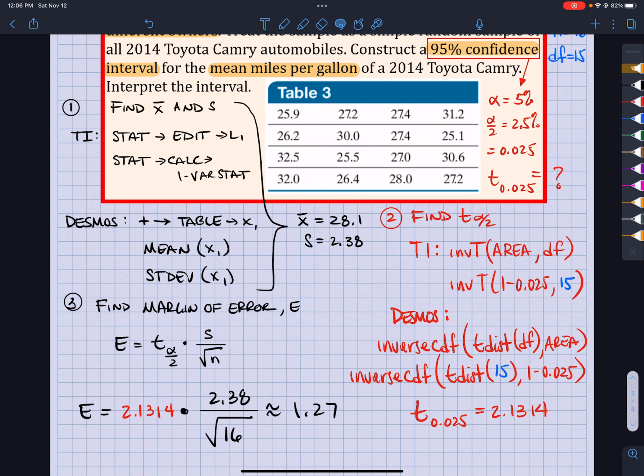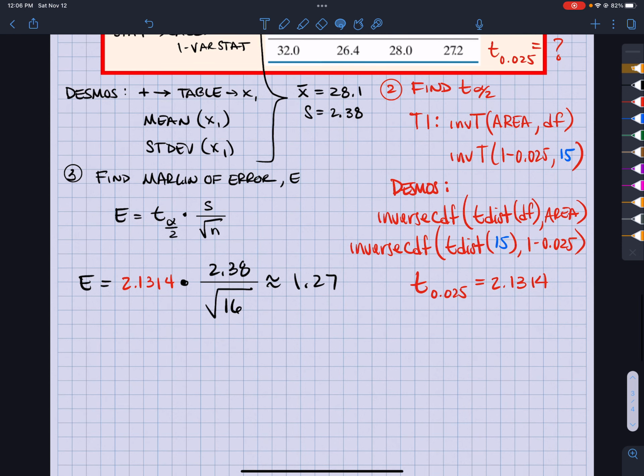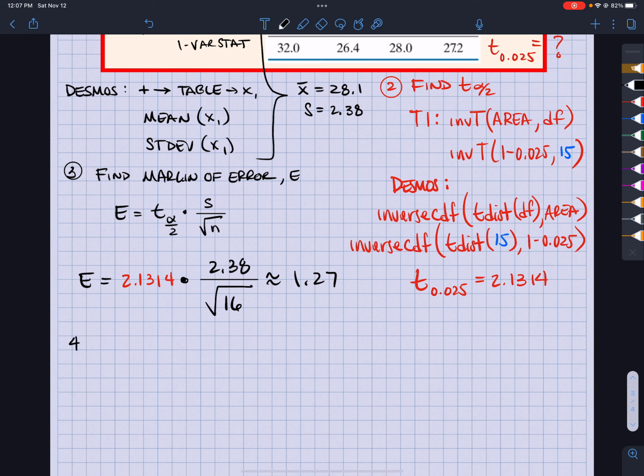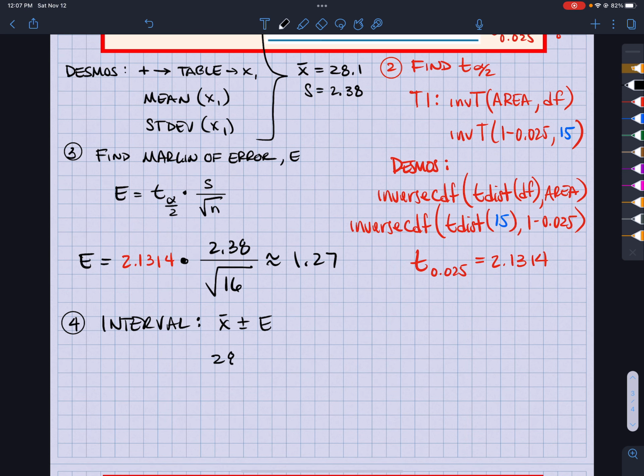Then 3, right? So since this is my error, then my interval, step 4, is going to be my x bar plus or minus my E. Well, my x bar is 28.1 plus or minus 1.27.